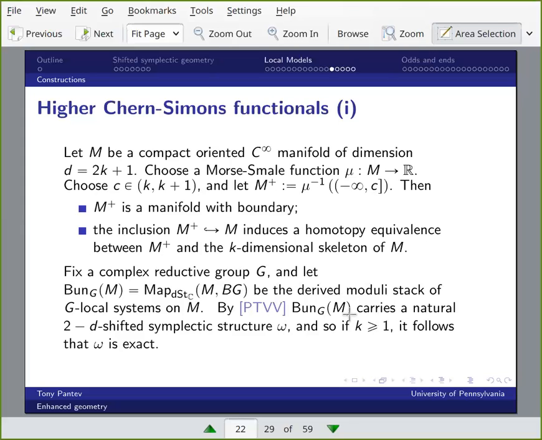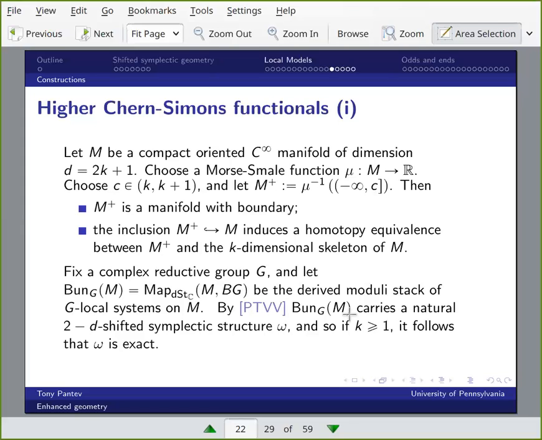And if k is bigger than or equal to 1, then 2 minus d is negative, so this shifted symplectic structure is exact. So I can ask, when is that stack actually the critical locus of a global potential as a symplectic stack?